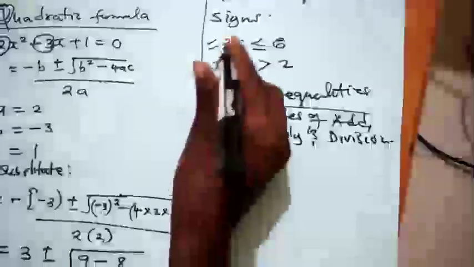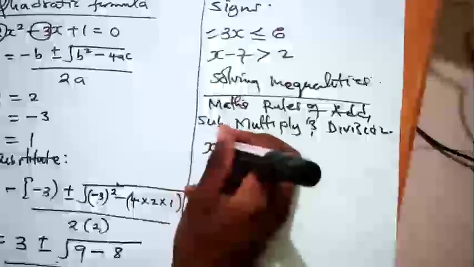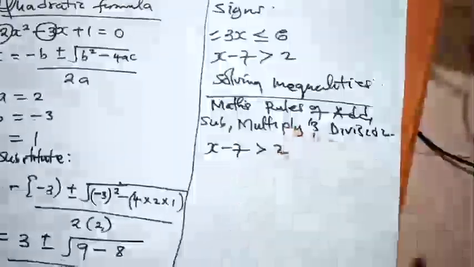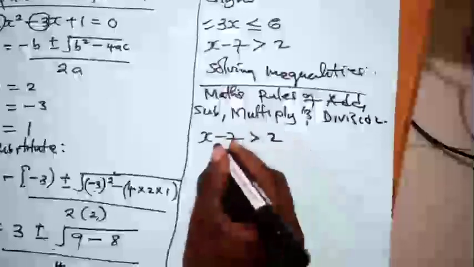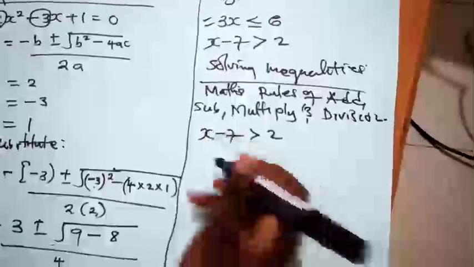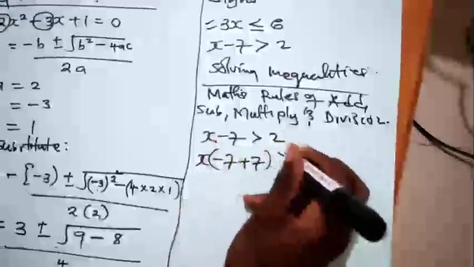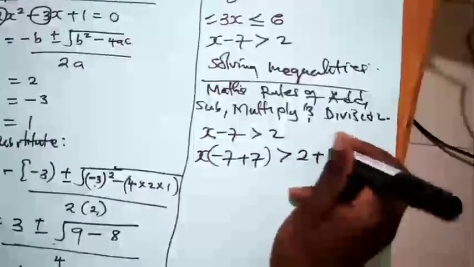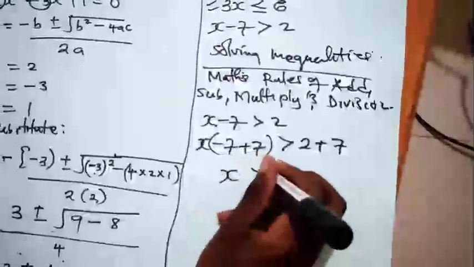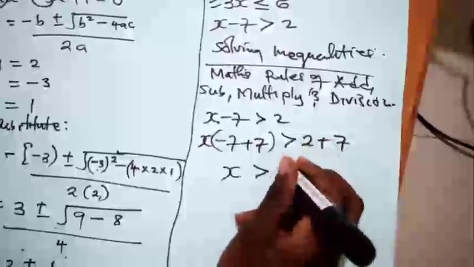For example, we have been given x minus 7 is greater than 2. For this case, we use the addition rule. So it's going to be x minus 7 plus 7 greater than 2 plus 7. So x is greater than 9.